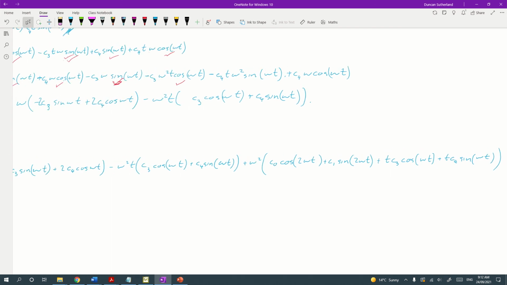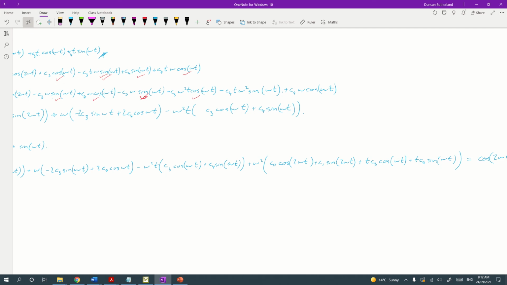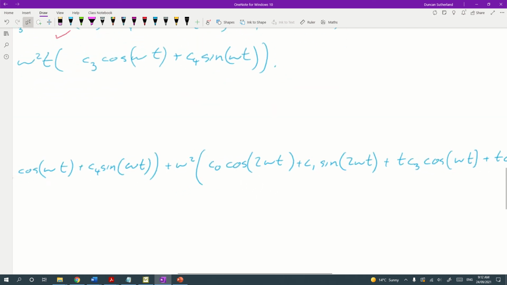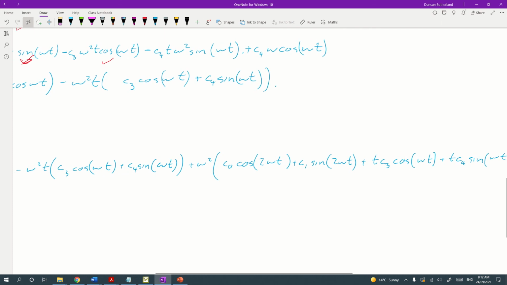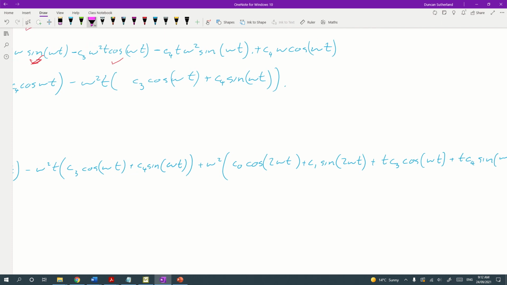Okay, let's now look for some simplifications. And we're going to find the first bunch of them over here. We note we've got a minus omega squared t times all of this.